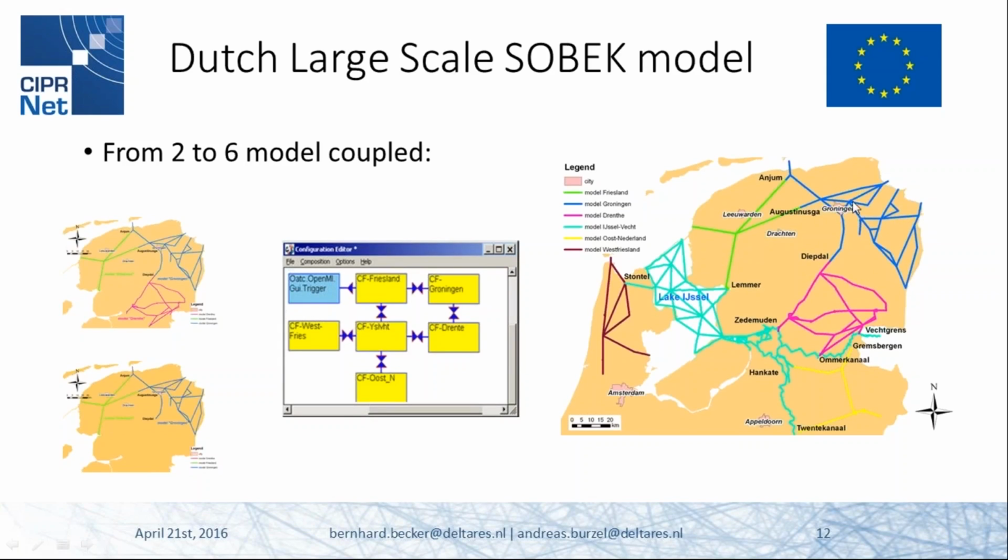And the idea is that we can connect these submodels to one big SOBEK model for the whole of the Netherlands and replace on demand these submodels with more detailed models, like we have seen in the previous slide. And here we have set up an OpenMI composition with 6 SOBEK models. Each yellow box is representing one model, and they are connected with each other.